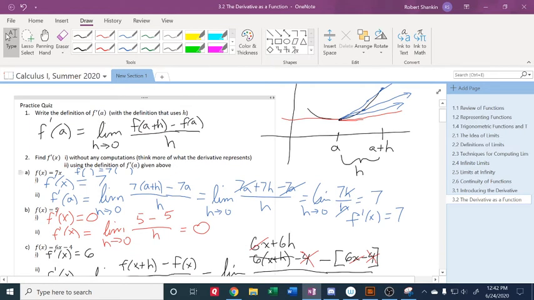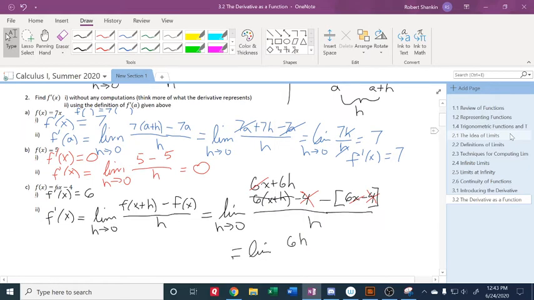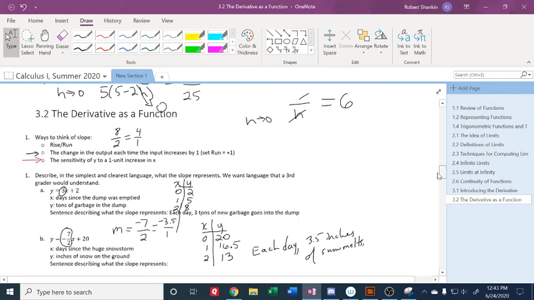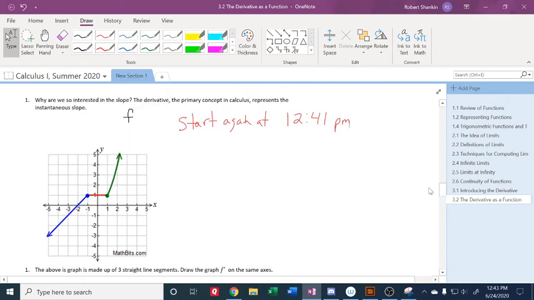And the practice quiz that we looked at over here is we can look at derivatives as functions. So if the function had a slope of 7 all the time, its derivative has got to be 7 all the time. If the function was a horizontal line, its derivative is the slope of that horizontal line, which is 0, and so on.